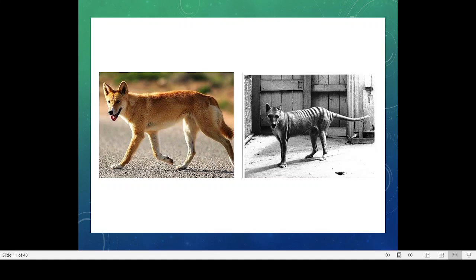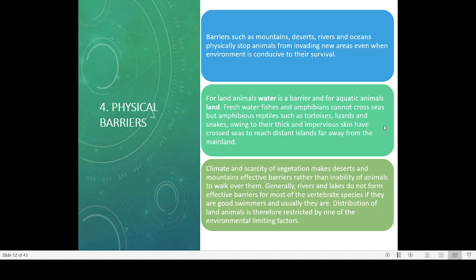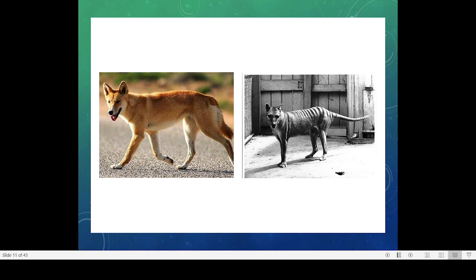And since they are occupying the same kind of habitat, even in their body shape they are very similar. This animal is a marsupial dog. Now this Tasmanian wolf or Tasmanian devil is almost extinct. We have not had any recent report of any Tasmanian because of the presence of this modern dog.